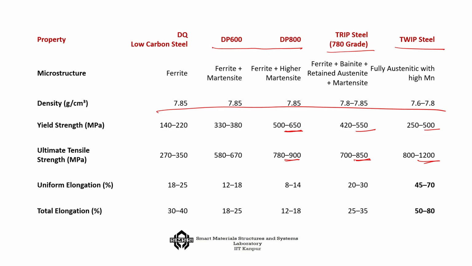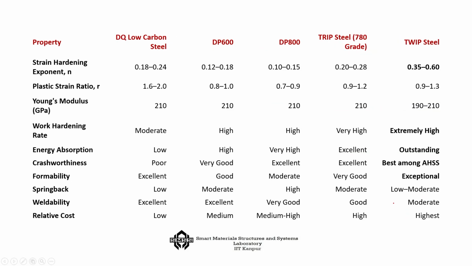At the end it is not the yield strength, but the ultimate tensile strength when it is going to fail, that is going to be so high for this material TWIP. Elongation wise, it is giving a very high range of 45 to 70%. So, you can literally make many things out of it, and total elongation is 50 to 80%. If I look at some more properties like strain hardening, again TWIP is the best.